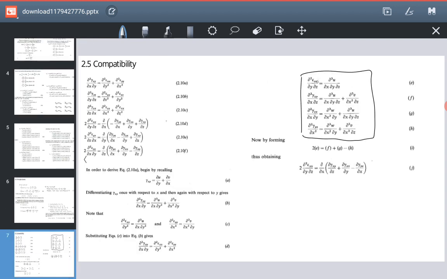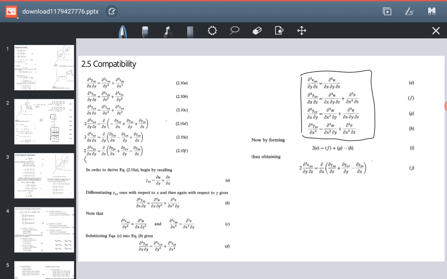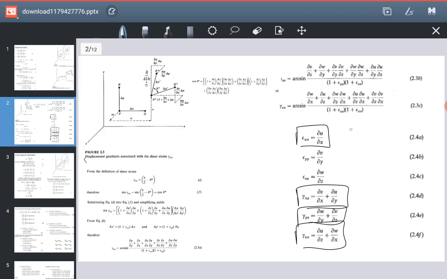So we have d cube u upon dx dy dz. So I guess, let us assume I differentiate it 3 times, so du dx dy dz. The x is already here, so I just have to differentiate with respect to y and with respect to z.